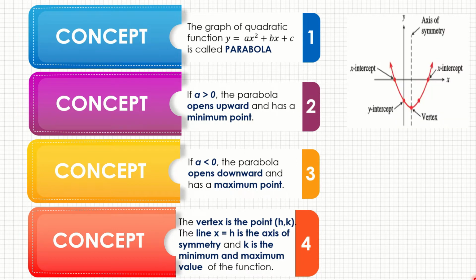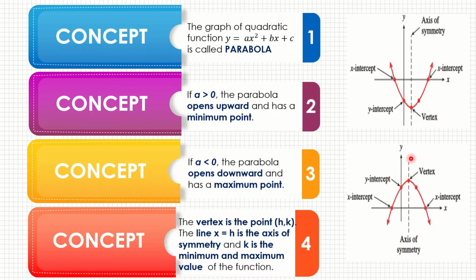So if our a is greater than 0, the graph of the parabola opens upward, in which the vertex is your minimum point and this one is the axis of symmetry. When you say axis of symmetry, once you fold the Cartesian plane, the line divides the parabola into equal sides.